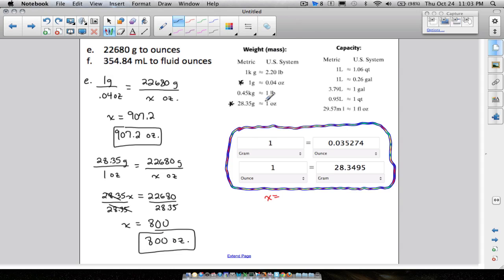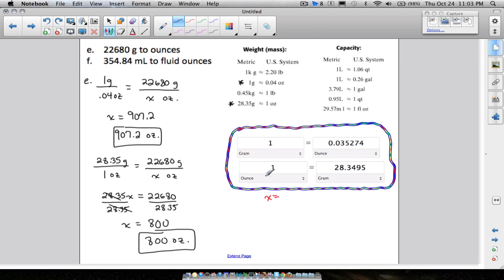Now, there's nothing wrong with these two things right here, but notice 1 gram equal to 0.04 ounces. 1 gram down here is equal to 0.035274. And that is 0.04 if you round to the nearest hundredth. This is a good time to talk about rounding. Look how bad, or not bad, but look how off these two numbers are if we round too early, so to speak.